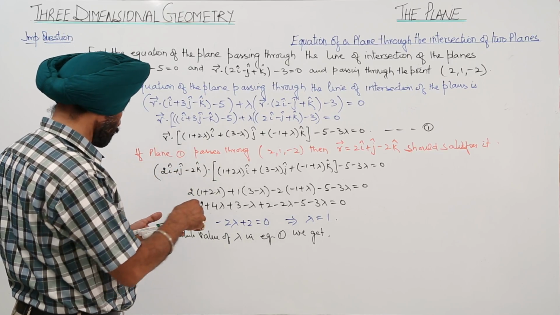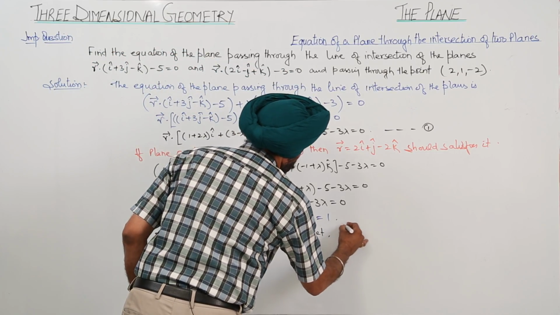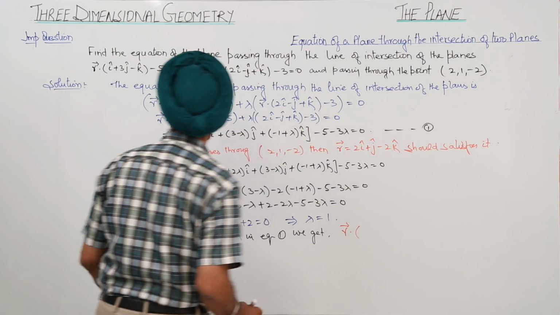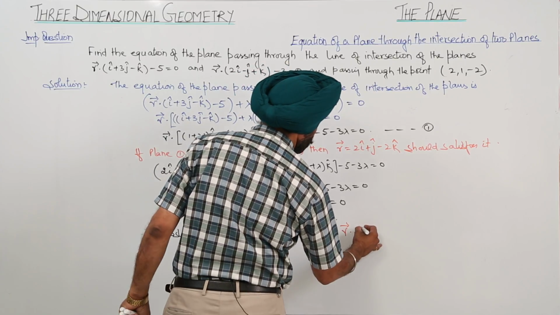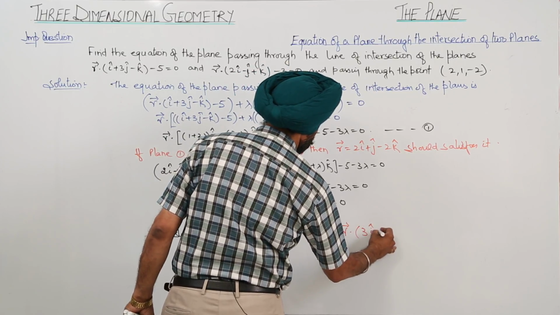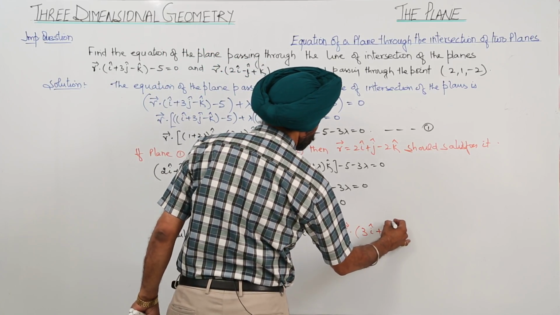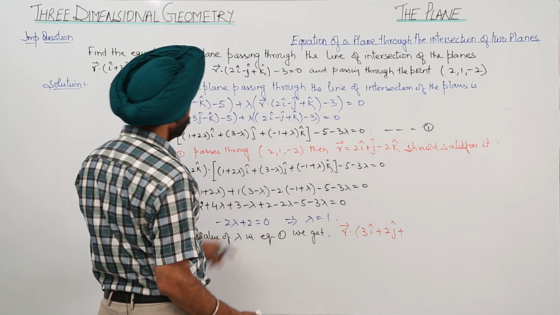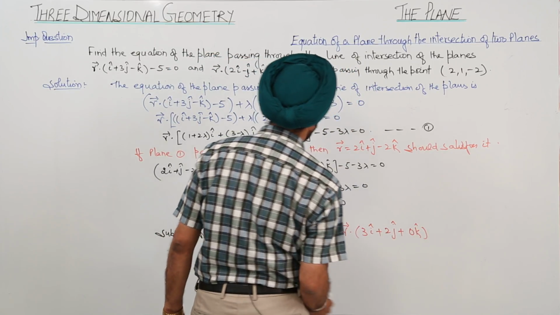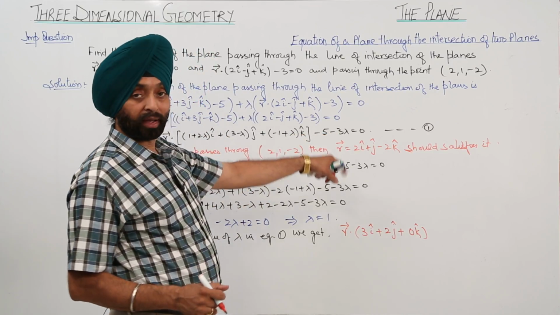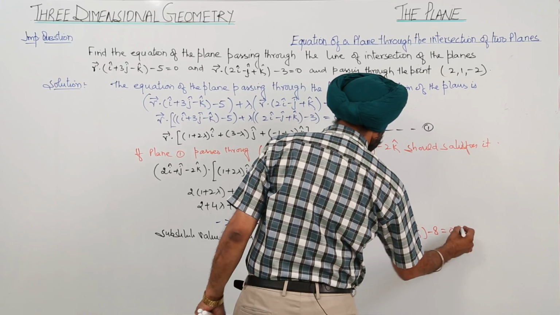So we are getting now vector r dot, now lambda is 1, so 3 i cap plus 2 j cap plus 0 k cap, minus 5 and minus 3 is minus 8. Minus 8 is equal to 0.